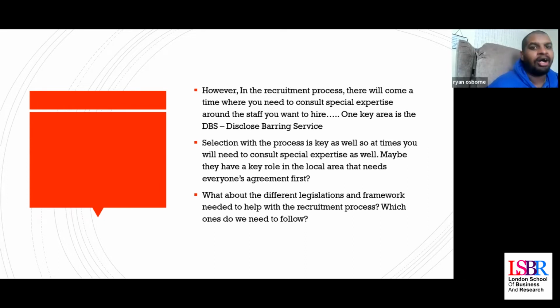When you are recruiting different types of people, you need to let them know about the information that they give. What are you going to use that information for? Is it for specific people, or just for their records? Things like your name, address, date of birth, where you live, where you've worked before, who will that be given to? You've got to think about that as well.